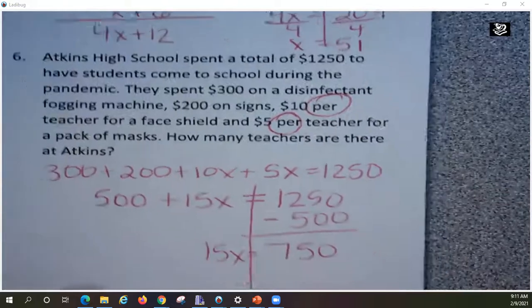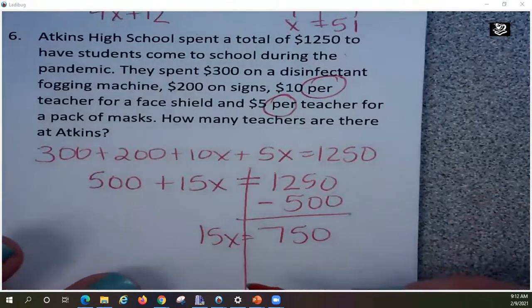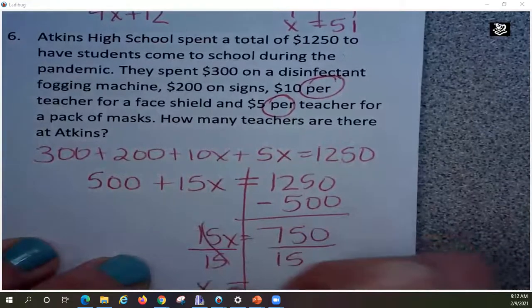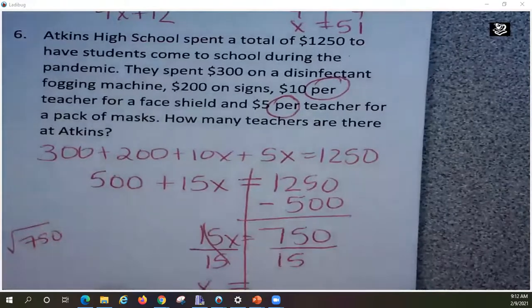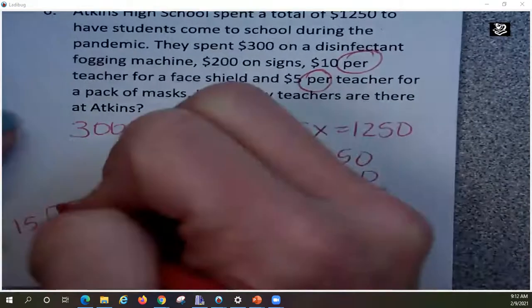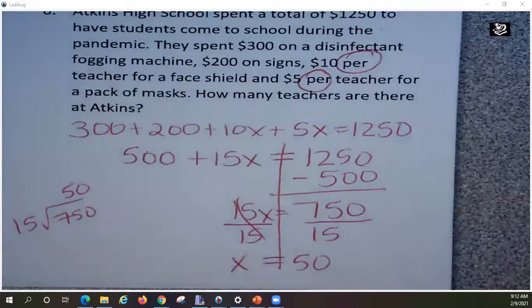Araya, what do you do next? Divide 750 by 15. Good. So x equals, let's see, 15 into 750. 15, 30, 45, 60, 75. So it goes into 75, 5, and that into 0. So x is 50.